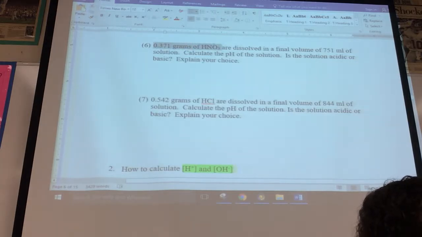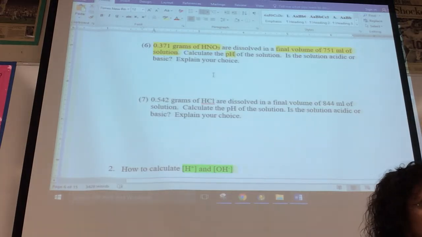we've got the mass of the acid, and it's dissolved in a final volume of 750 mL of solution. You want to calculate the pH and then see if it's acidic or basic. Let's give it a try. This is very similar to what we just did.